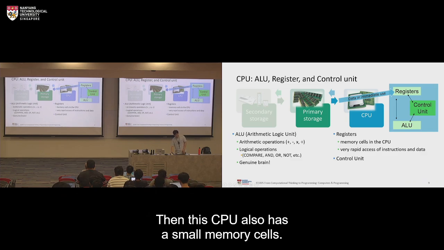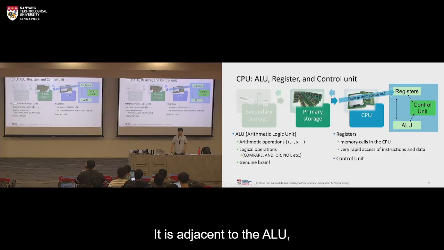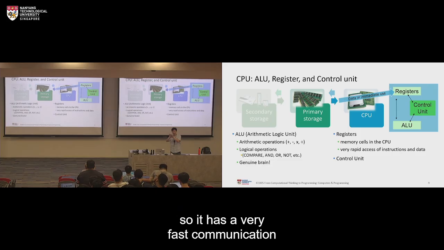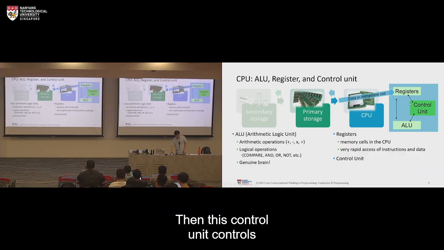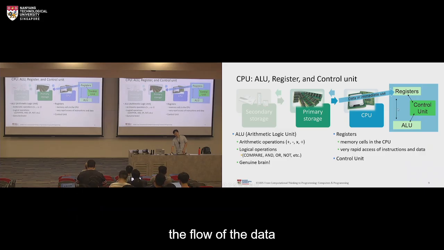This CPU also has small memory cells, the registers, adjacent to the ALU, so it has very fast communication with the ALU. Then the control unit controls the flow of data between the registers and the ALU.